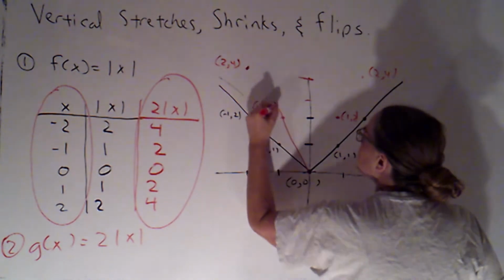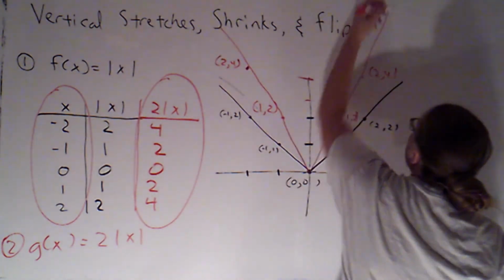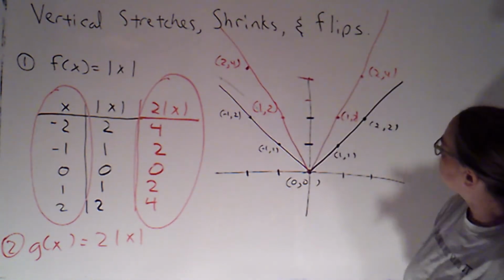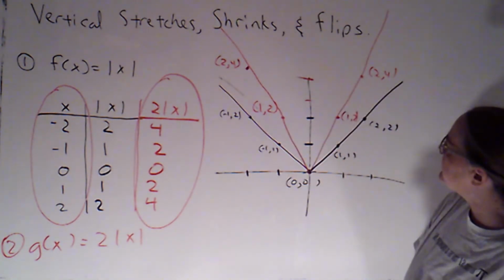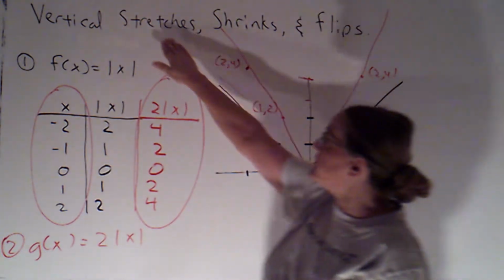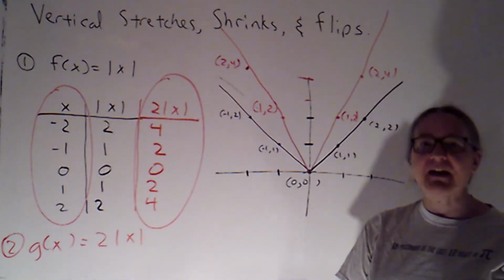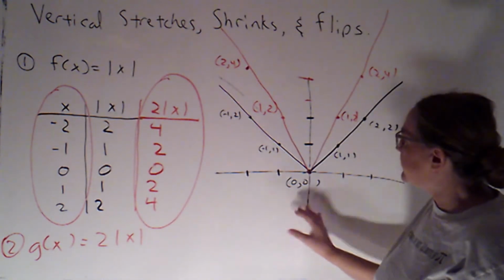When I connect those dots, I still have a V shape, but I can see that the lines that make the rays, the partial lines that make the left and right sides of the V, are steeper. What we've done is we've stretched things by a factor of 2, and that's accomplished by making the y values twice as big. Okay, excellent.